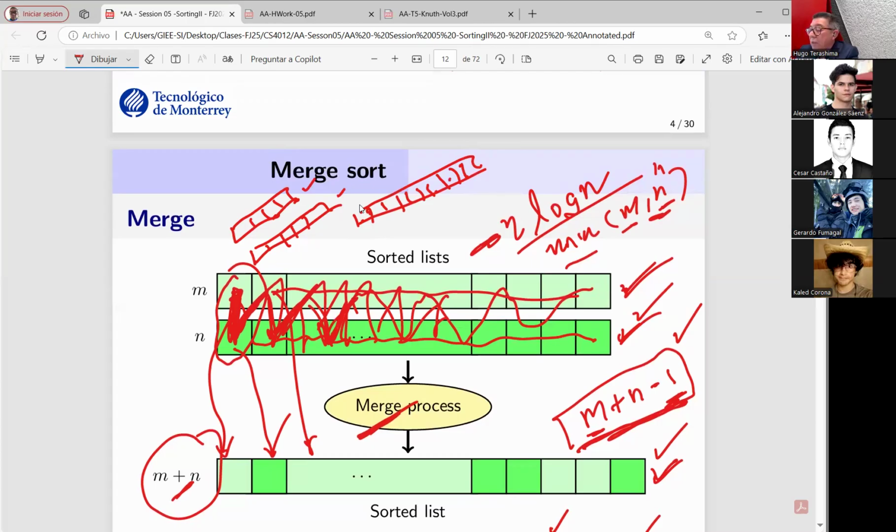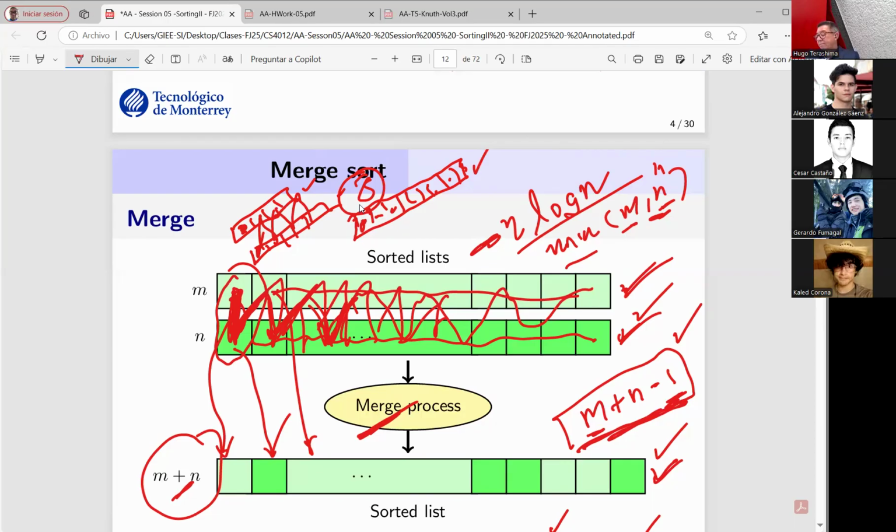Okay, so the resulting array has 9 elements. But you say I compare this, and I put the resulting element here. So let us suppose this and this here, and the winner is this and this here. If you count the comparisons this way, you are going to get eight comparisons to get this, which is m plus n minus 1, right?